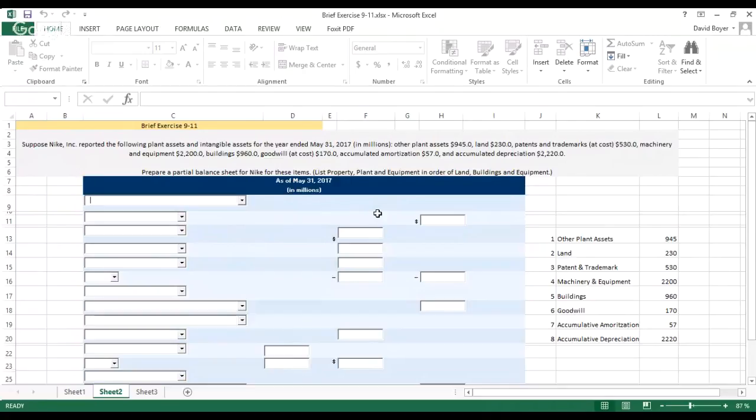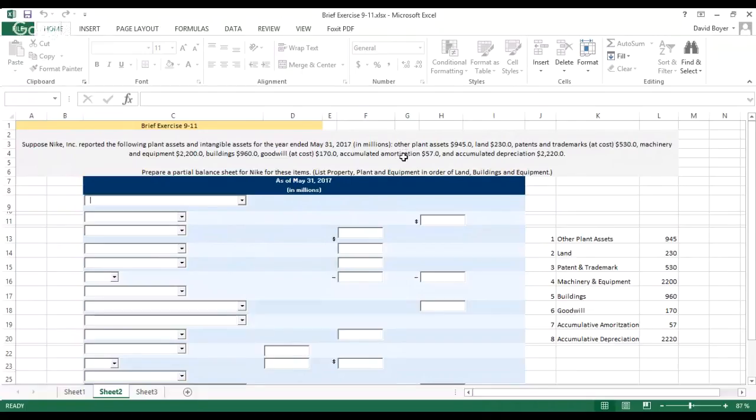tangible and intangible assets. From the beginning of this exercise, it says, suppose Nike Incorporated reported the following plant assets and intangible assets for the year ended May 31st, 2017. These numbers are in millions. They're just references.